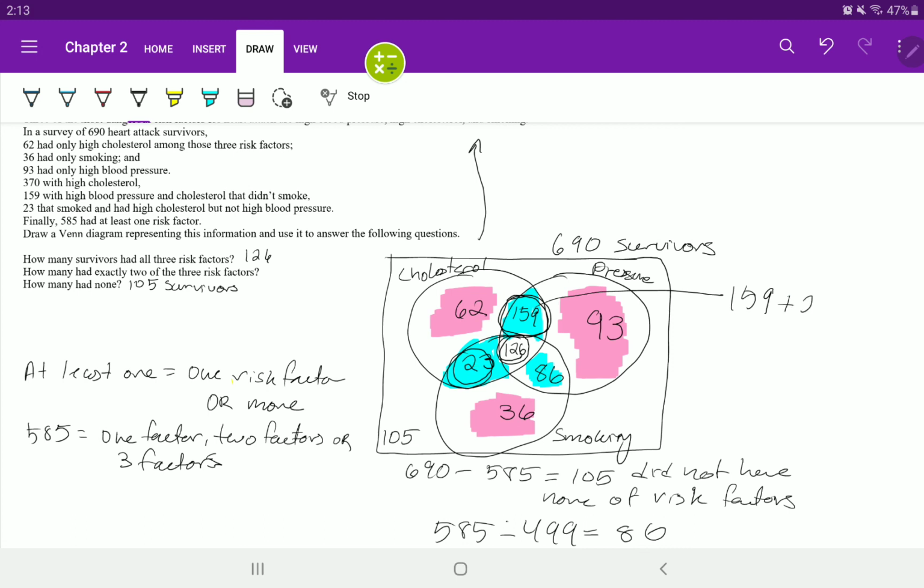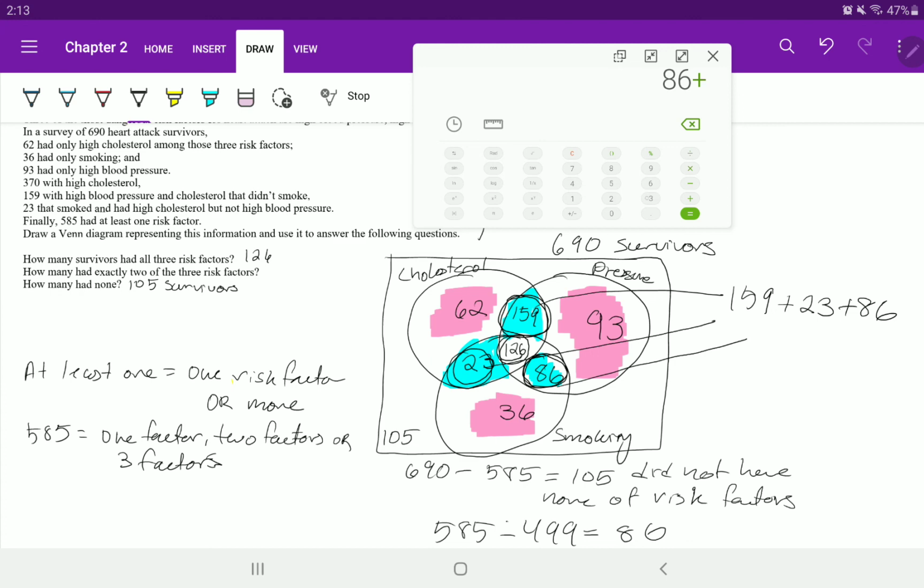So I'm going to add 23, plus the 86 right here, because the 86 right here had high blood pressure and smoked, but these people did not have high cholesterol. And when I add those together, that lets me know how many survivors had exactly 2 of the 3 risk factors.